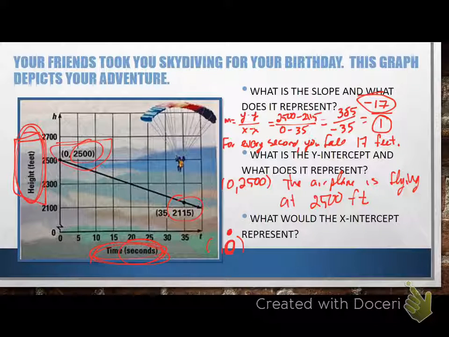So what does it mean for your height to be 0? Well, that means you're on the ground. So what would the x-intercept represent? It would represent the time it takes to land. Okay? And hopefully that makes sense. If not, again, come in during STAR, and we'll go over it some more.